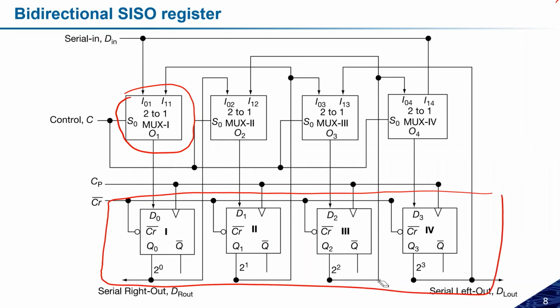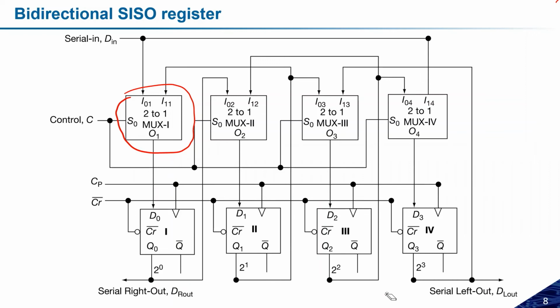Now, whether I have to give input to Q3 or to D3 or to D0, depends on which kind of shifting I want. I just told you for the right shift register, I have to give the input to the LSB.